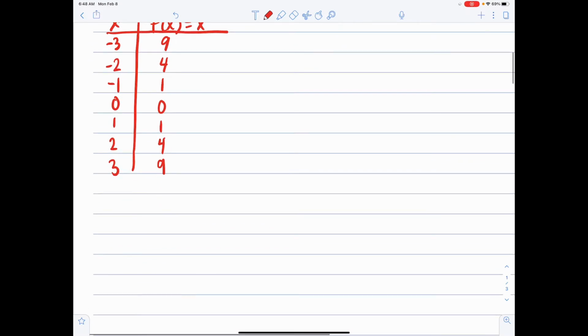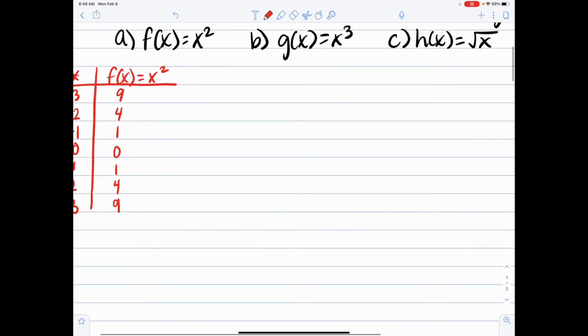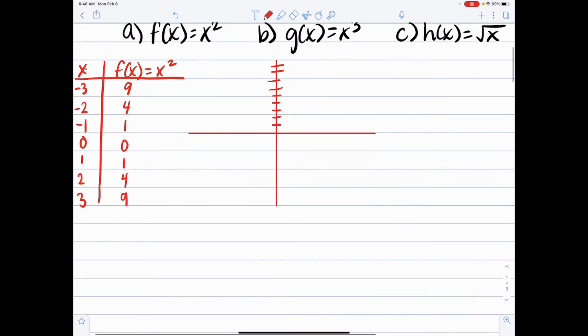And then you can graph that pretty easily. I'm actually going to put this next to it right here. Okay, 1, 2, 3, 4, 5. Actually, that was silly of me to make negative values in the y, but it's okay.